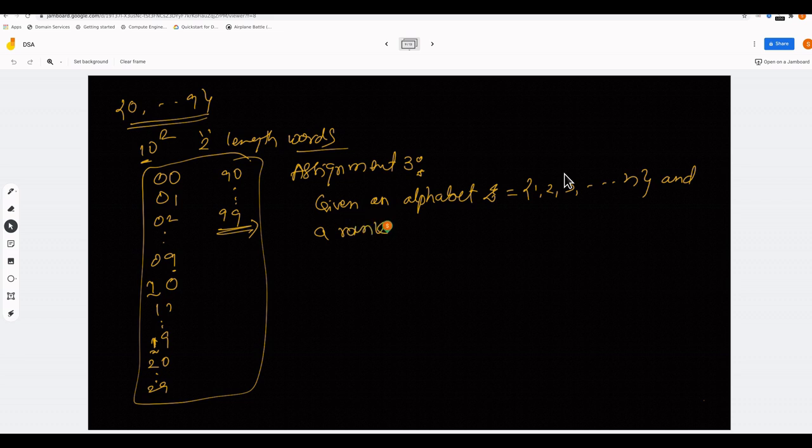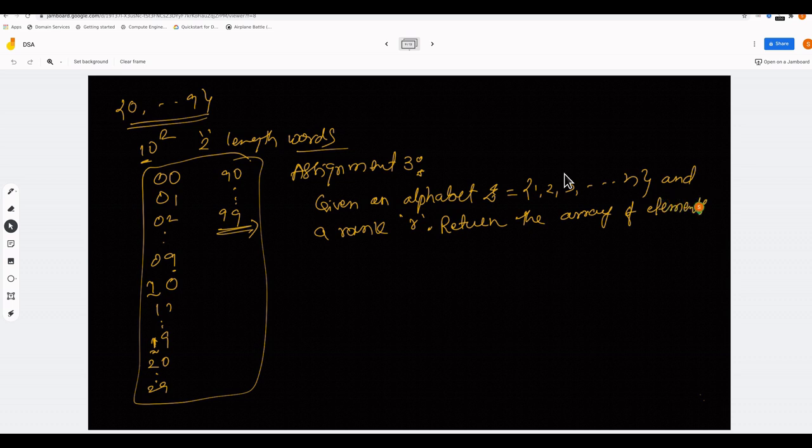And a rank R. So this is a coding assignment, by the way. You need to return the array of symbols, let's say an integer array.